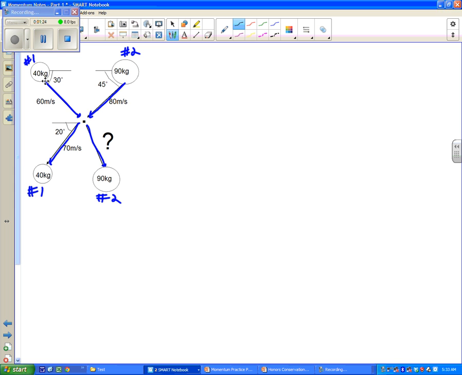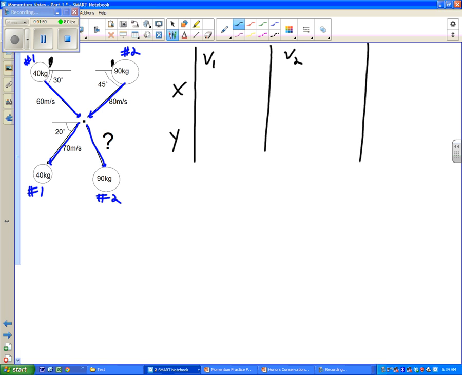We're going to have a row here for the x column and the y column. And we're going to break this up for velocity 1, that is this guy, before the collision. We have velocity 2, that's this guy, before the collision.